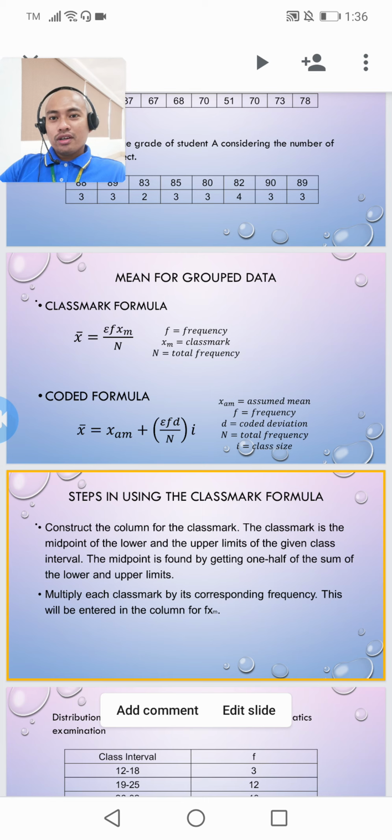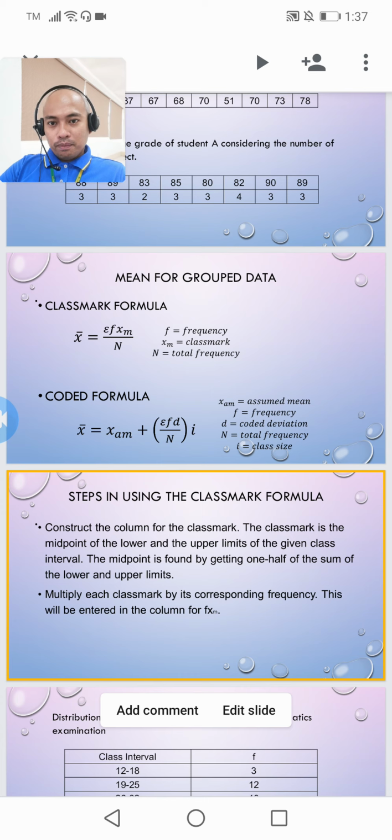Now we have an alternative formula if you don't prefer it, or if you are not familiar with the Classmark. However, this is more complicated compared to the Classmark formula, and it is called the coded deviation formula.